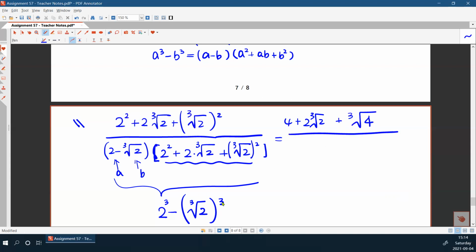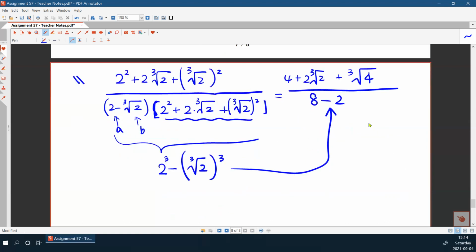Over this number here, which is 8 subtracted by 2. Okay, so the final result is 4 plus twice of cube root of 2 plus cube root of 4 over 6, right? Okay, do you have any questions?